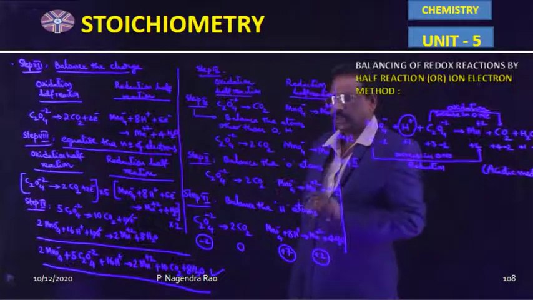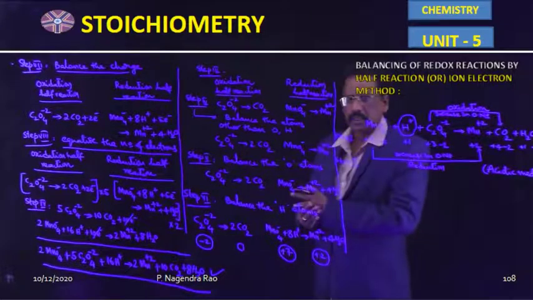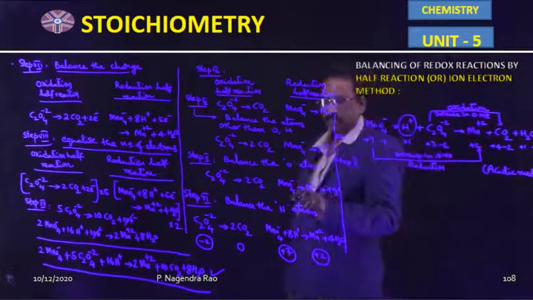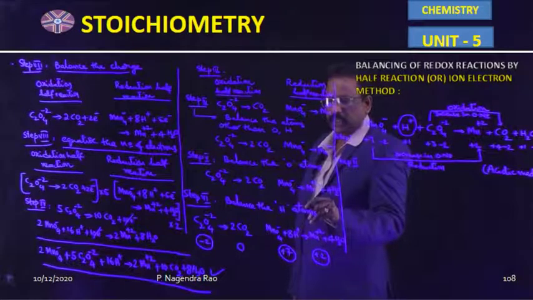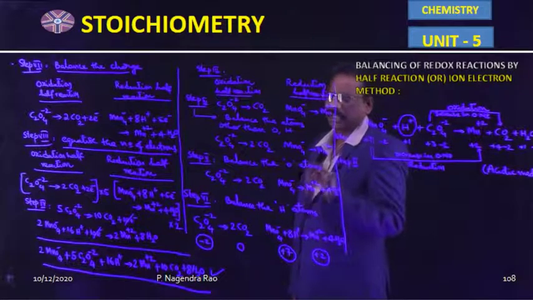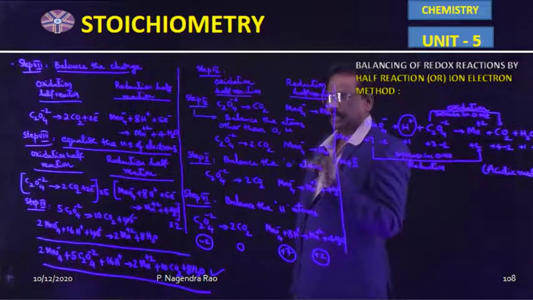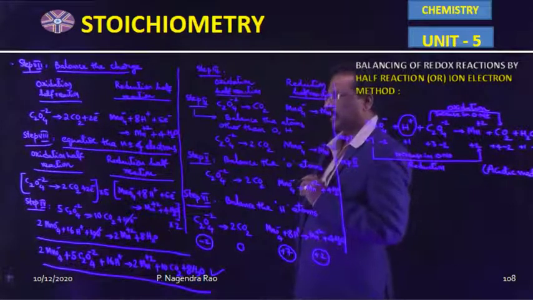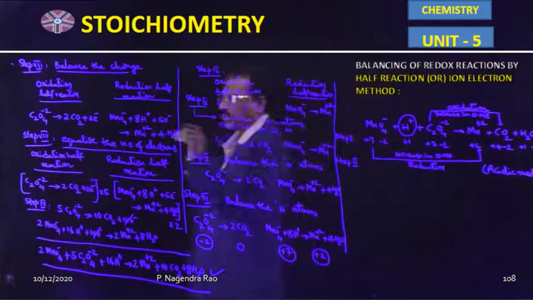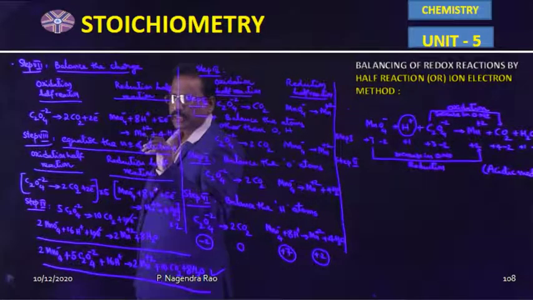Now here, to balance the hydrogen atoms, add the required number of H plus ions to the side deficient in hydrogen atoms.